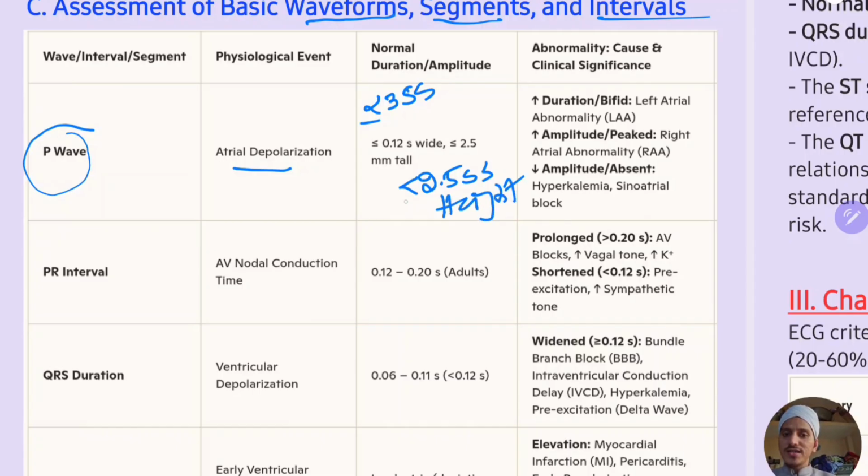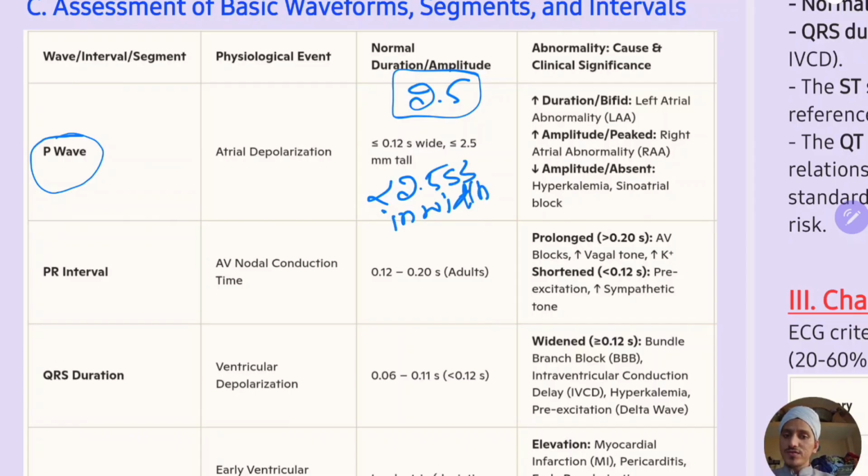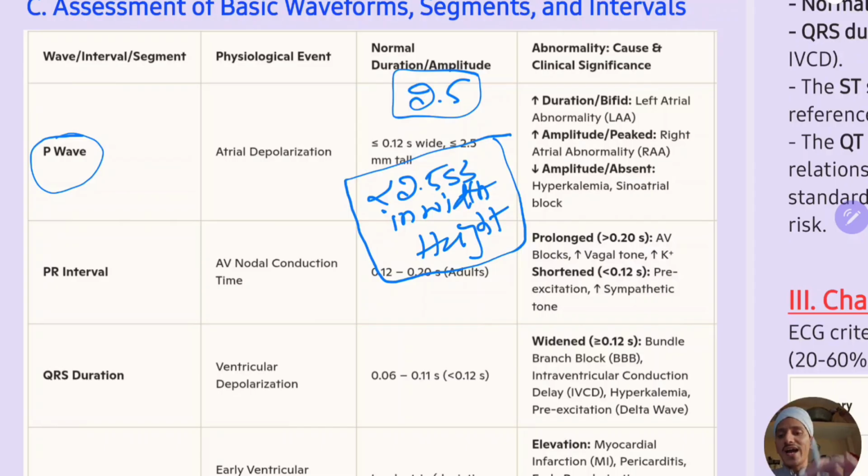Remember this point: just remember 2.5 as the unit. So the normal metrics of the P wave are less than 2.5 small squares in width and less than 2.5 small squares in height also.